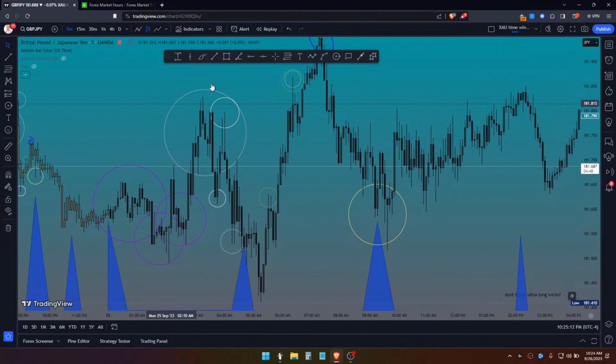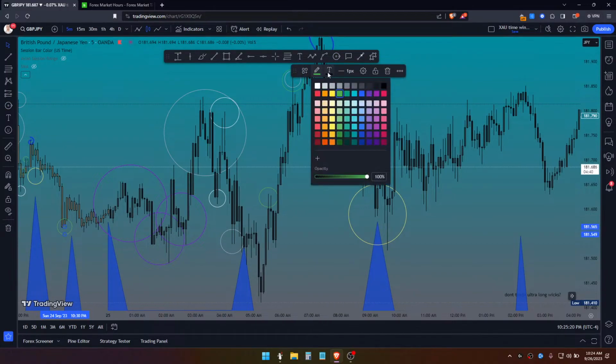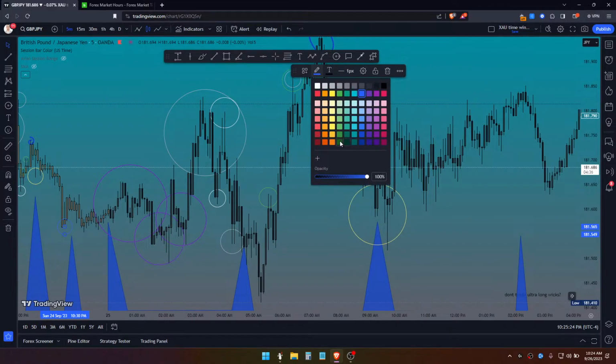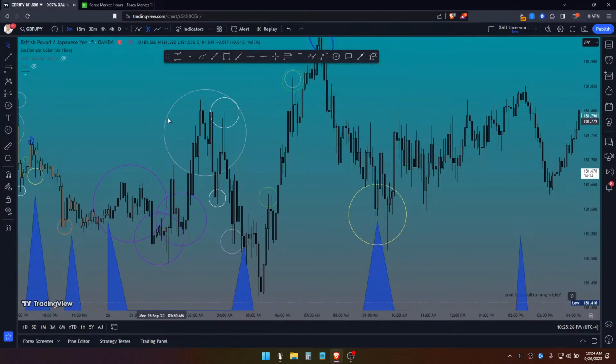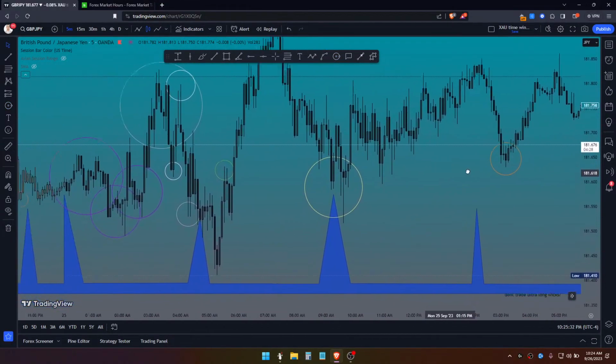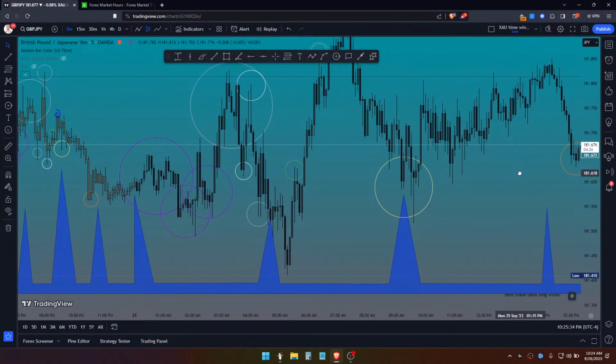So let's just try and pick out the prominent points. So we got our drop there. Drop there in orange. Got a drop there in orange. I mean, like in hindsight, it's a lot easier to see it.